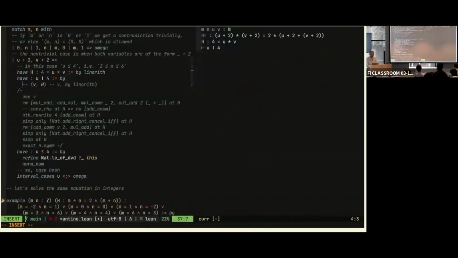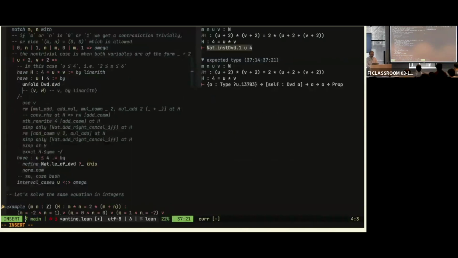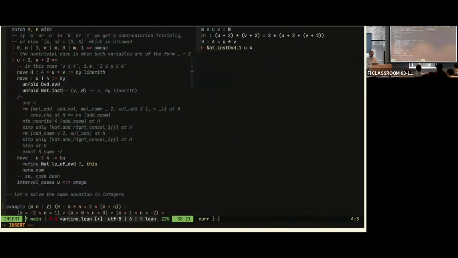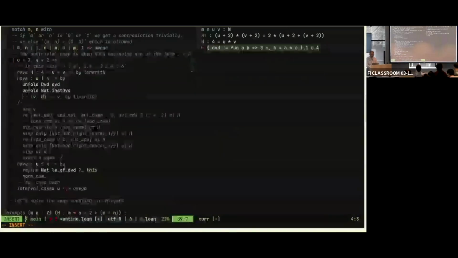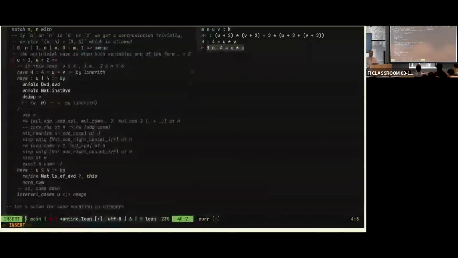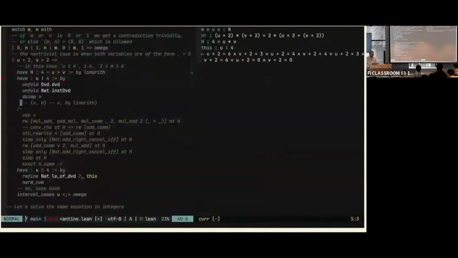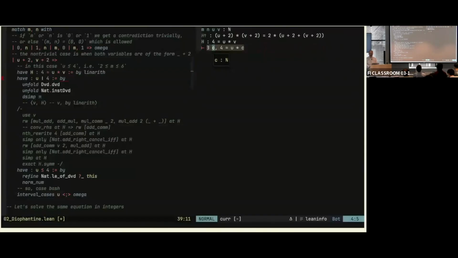When we unfold not DVD.dvd and unfold not.inst dvd and the simp, sorry for this, we'll see what the division symbol really means: that there exists C, where C is of type NAT, and a proof.